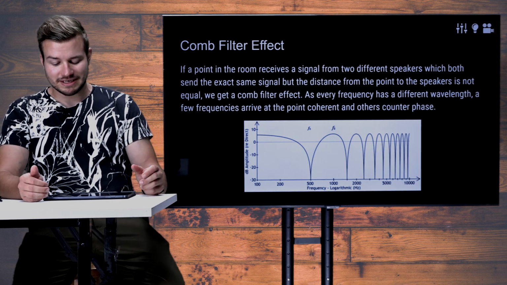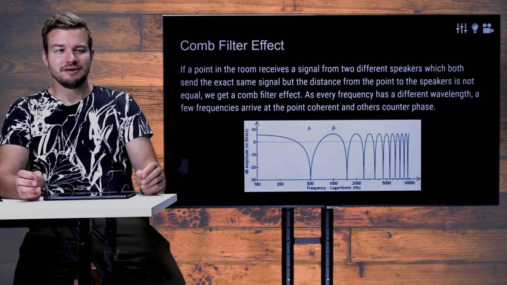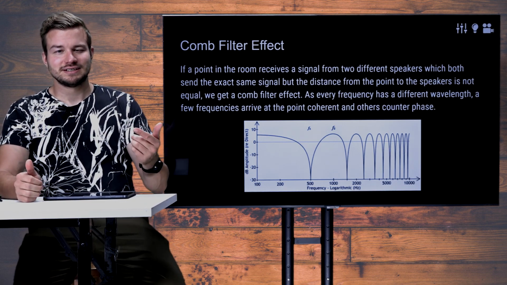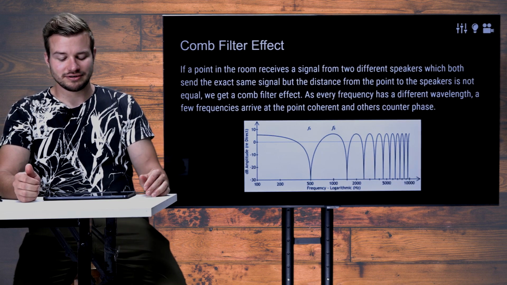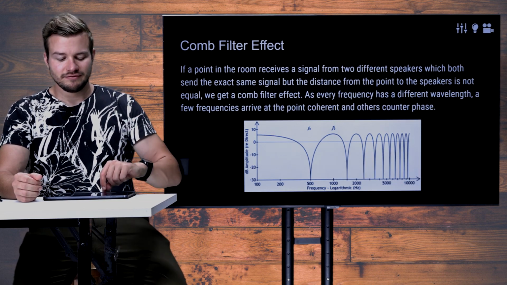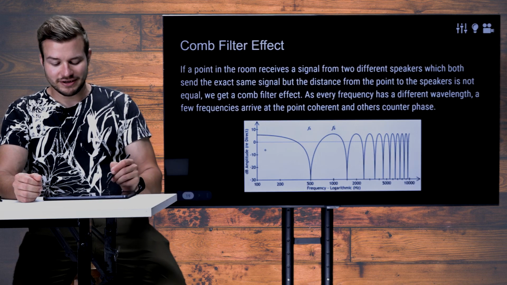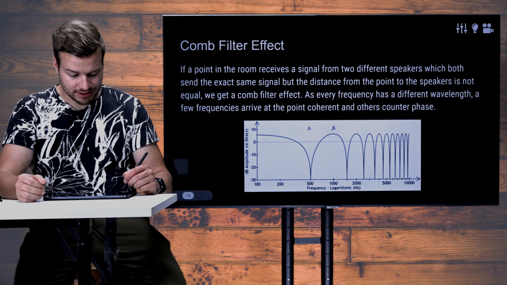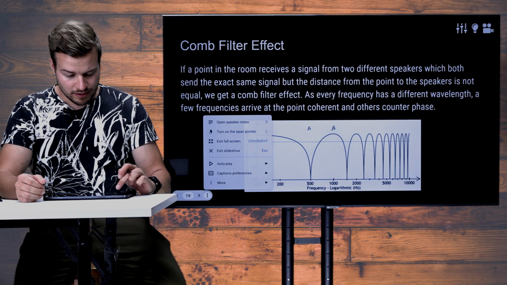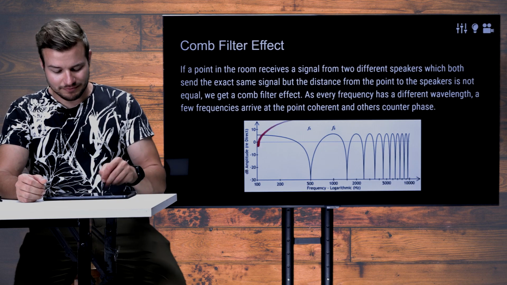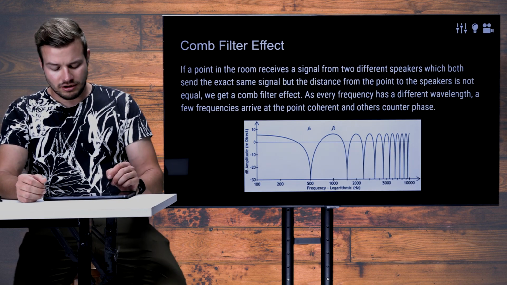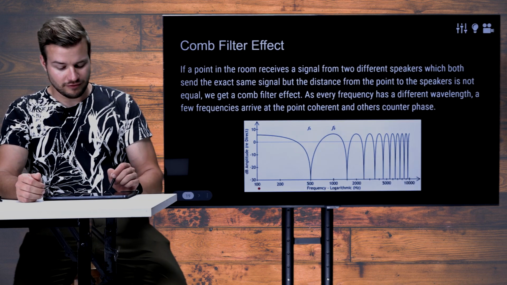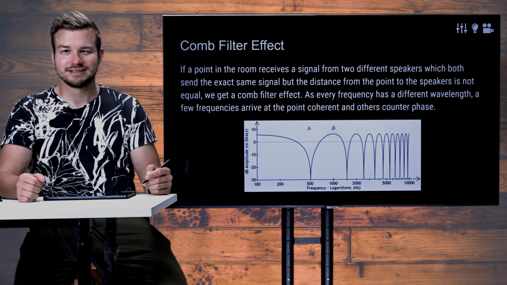Basically what's happening is that at a certain frequency we will get a counter-phase signal, so the two phases cancel each other out. So one certain frequency will be cancelled out. This graph here shows the volume at every frequency from 100 to 10,000 in this case.